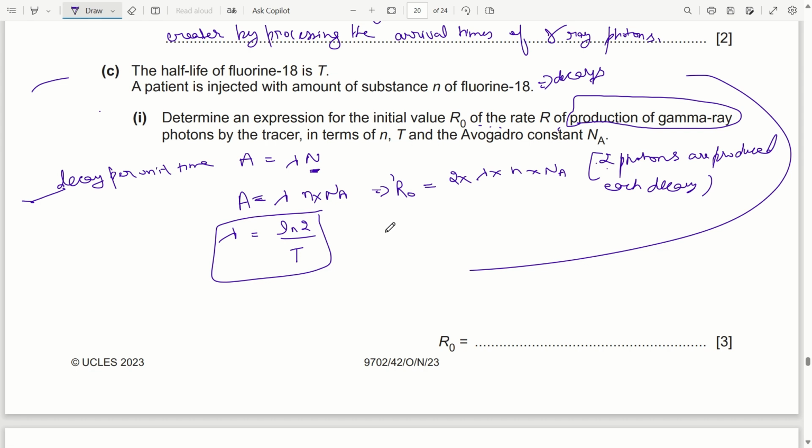So R naught can be written as 2 into log natural 2 by T into N into Na. So R naught will be 2 N Na divided by T into log natural 2.